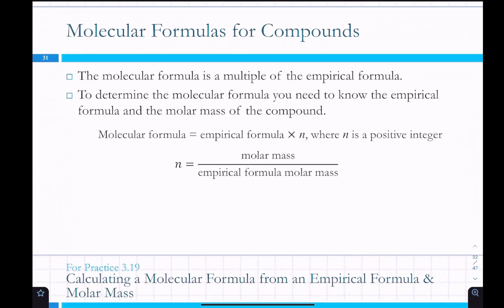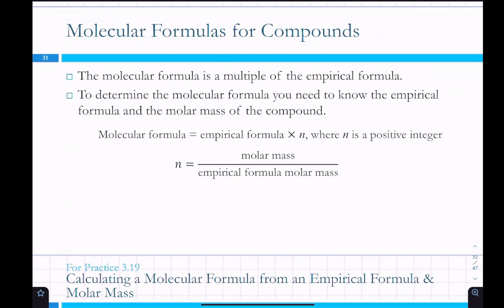Because the empirical formula is the smallest ratio, the molecular formula is always going to be a whole number multiple larger than the empirical formula. So you have to multiply it by 2 or 3 or 4 or 5, integers, nothing in between. So molecular formula will be the empirical formula times n, where n is that positive integer.